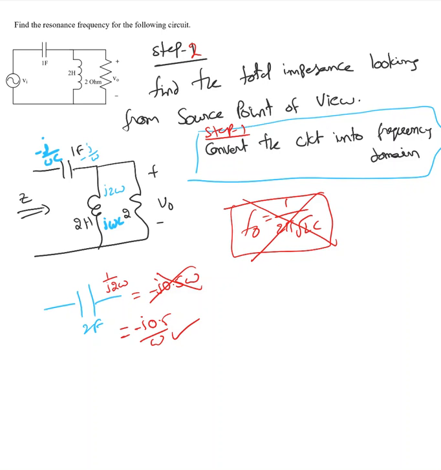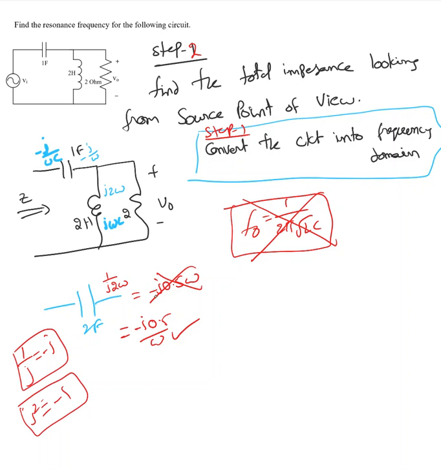And another silly mistake I see all the time is, say if I give a 2 farad capacitor, it's going to be 1 over j2 omega, and I saw people writing this as minus j. So 1 over j is nothing but minus j, and you know that j square is nothing but negative 1. You need to remember these things.